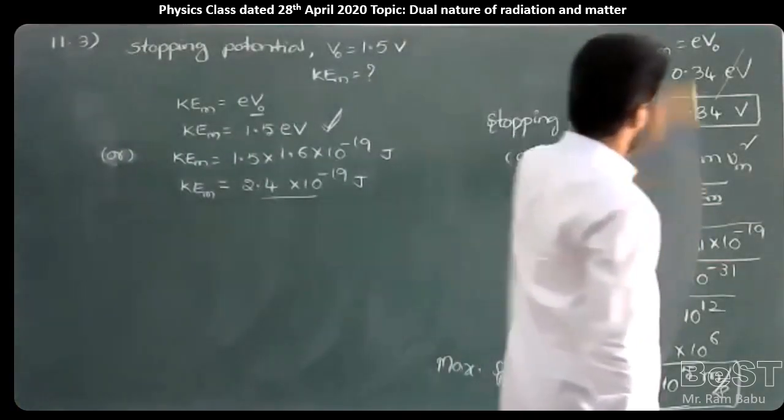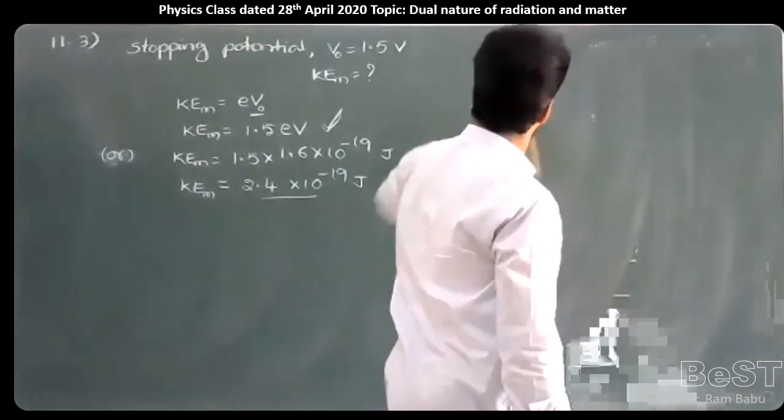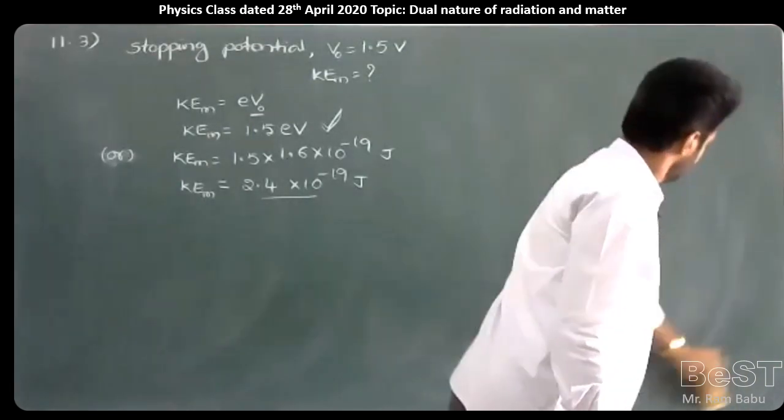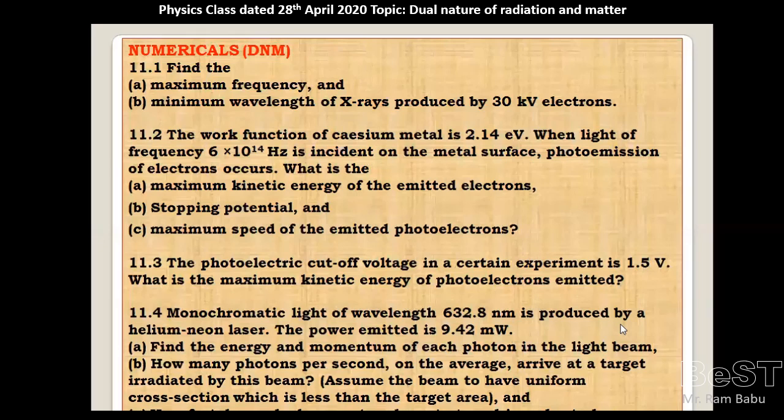Next, question number 4. Now note down. Monochromatic light of wavelength 632.8 nanometer is produced by a helium neon laser.